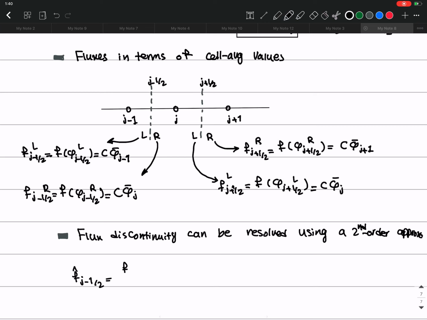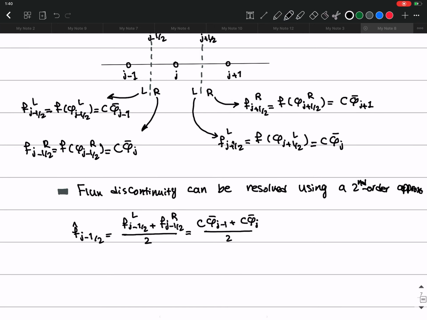This is going to be a second order approximation if you just take the average of that. So f j minus 1/2 at left plus f j minus 1/2 at right, over 2, which is going to be c phi bar j minus 1 plus c phi bar j over 2.